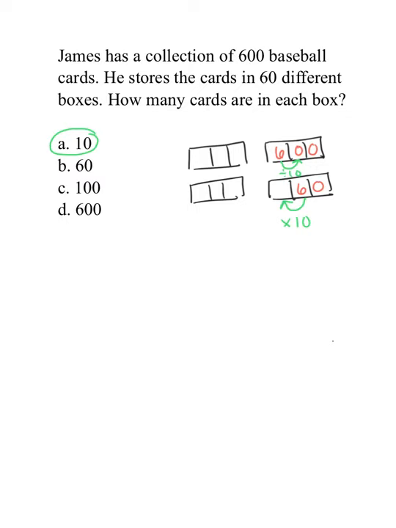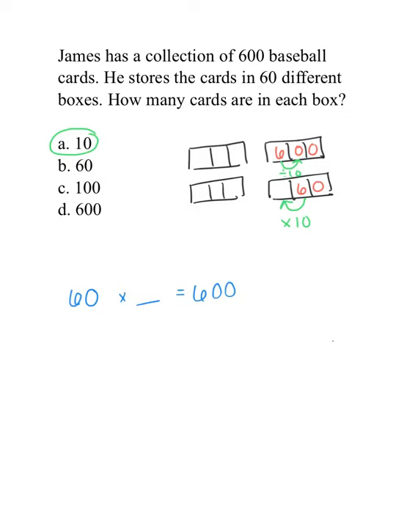Another way we can look at that is if we have 60 boxes and we want to know how many are going to go in each one, then we'll have to know 60 times what will equal 600. We can use our tens trick or our zeros trick.